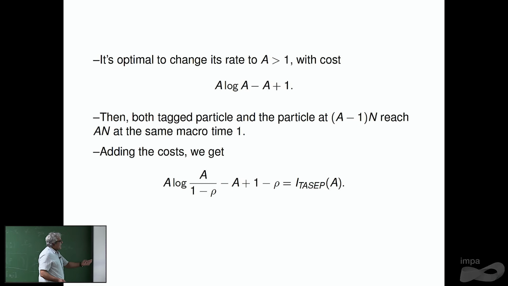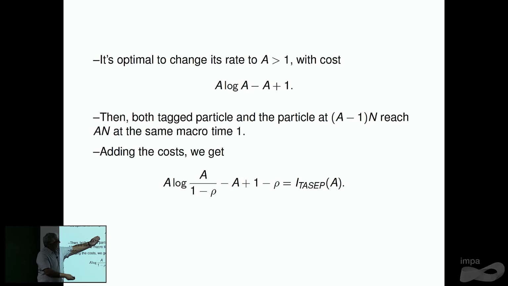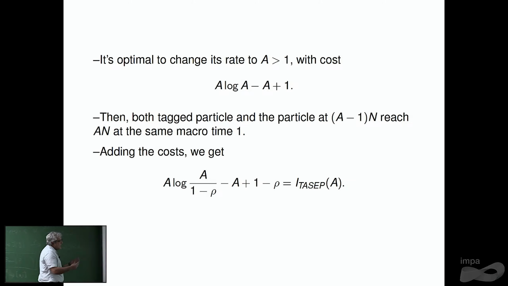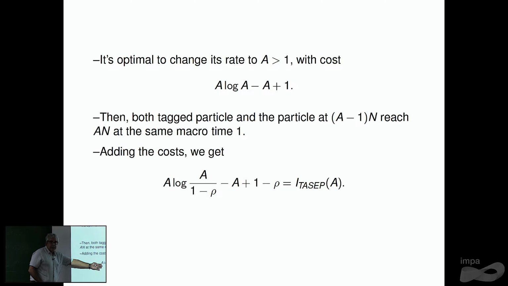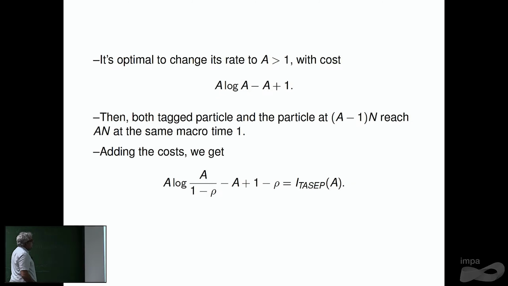Then in TASEP, you're only moving to the right, so it's a Poisson process. So we change it from rate 1 to rate A, and this is the cost of that. If you add those two, you get back the answer that we already knew. So this is one optimal way of achieving it. We don't show it's the unique optimal way.